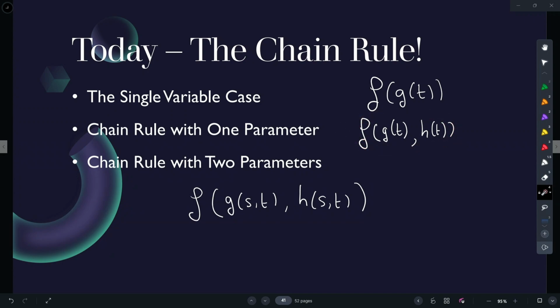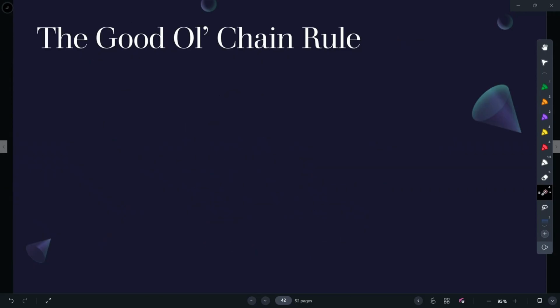Here, there's only one variable to take derivatives, so we want to know what is the derivative with respect to t. But here, the result is a two-variable function with respect to s and with respect to t. So we are going to be able to take derivatives with respect to s and with respect to t. So this is the old chain rule. This is the one parameter, and this is the two parameters. So that's what we're going to be doing here.